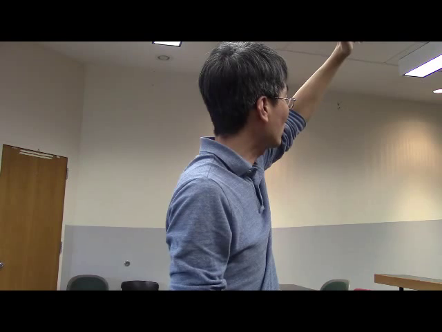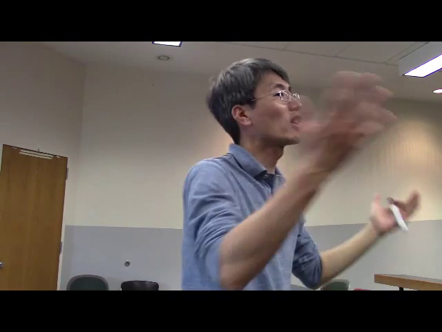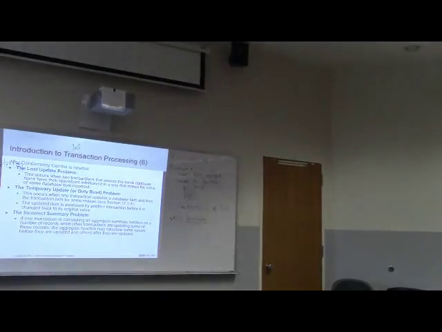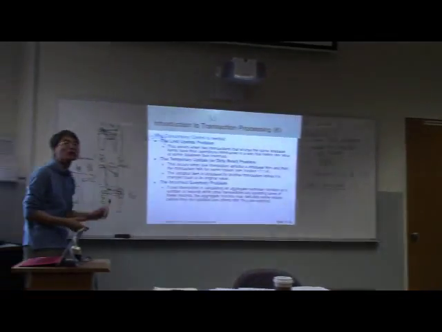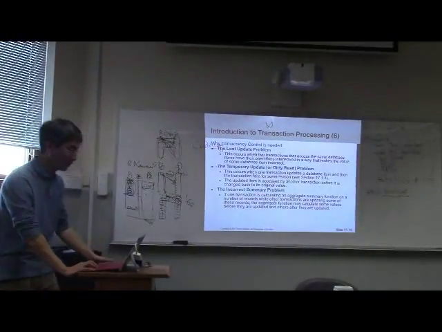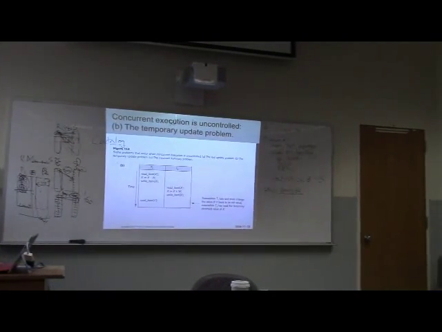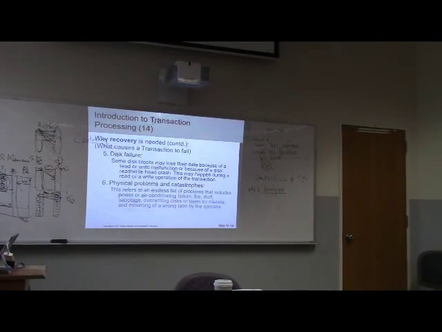Then what happens? Is it based on the beginning of the process, or does it apply the changed data? So we cannot guarantee the output. That is called the incorrect summary problem. Why? Because we do not have transaction control, transaction management. So, that is the concept of the transaction.